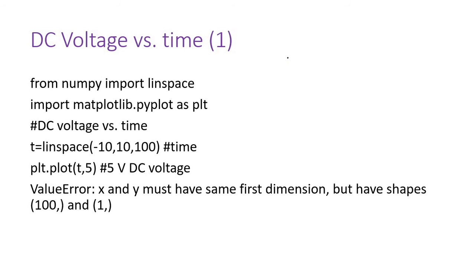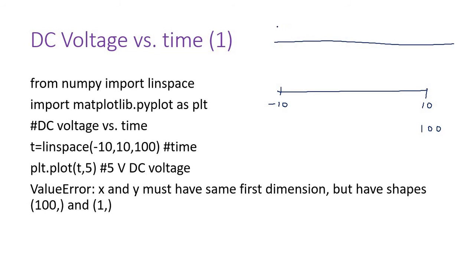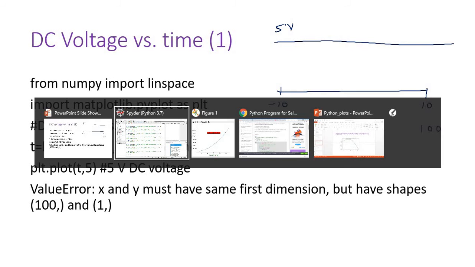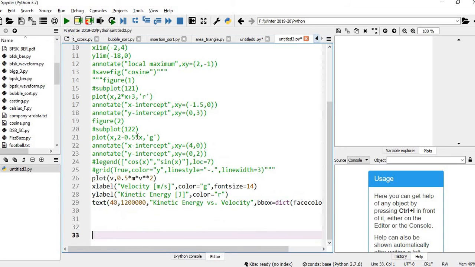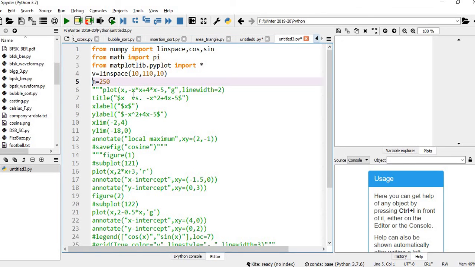Then I want to plot a DC voltage versus time, for example from minus 10 to plus 10, taking 100 data samples. We know the DC voltage is constant; it should be 5 volt. So first let me change these things.